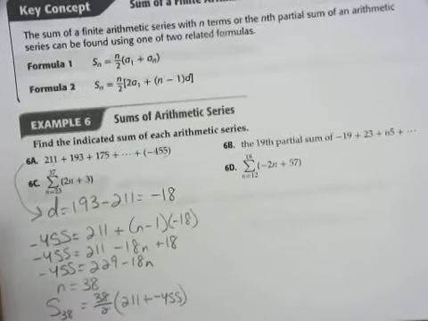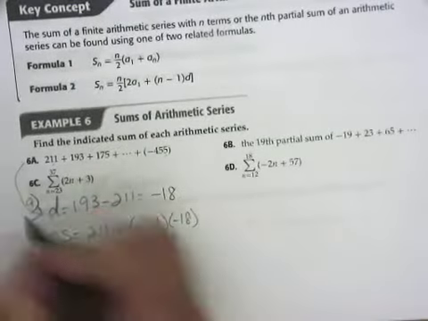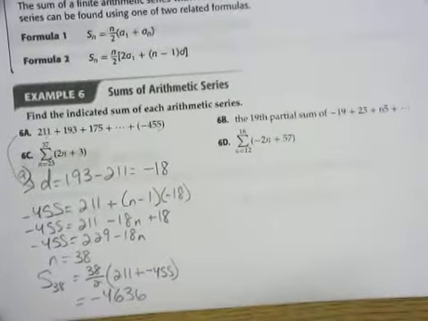So in our calculator, 211 minus 455 times 19, and that is negative 4,636. And this was all part A.